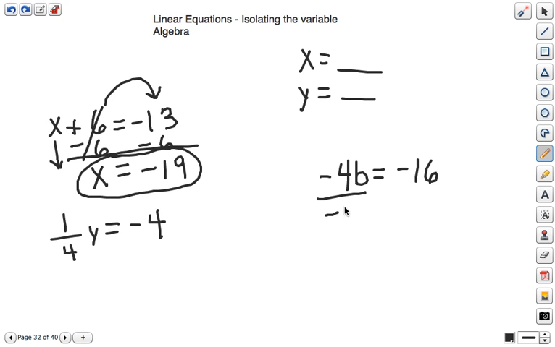So we're going to divide both sides by negative 4. What happens here is these cancel one another out, so negative 4 divided by negative 4 is just 1. So that's going to be b equals, and then negative 16 divided by negative 4 is just a positive 4.